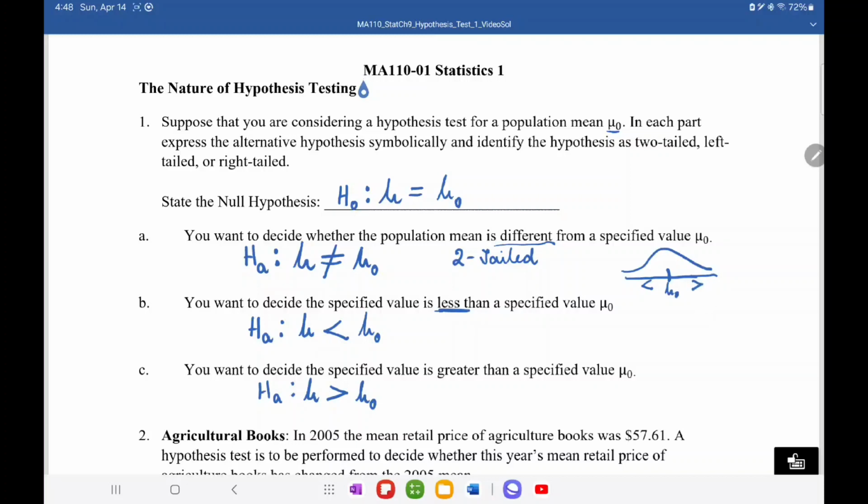It could be the alternate hypothesis claiming that the population mean could be either to the left or to the right. Okay, so that makes it a two-tailed test.